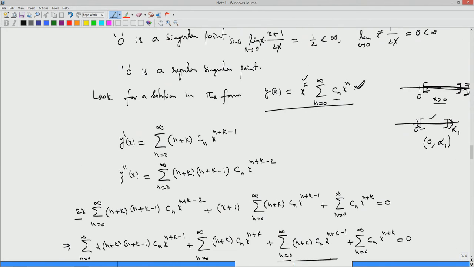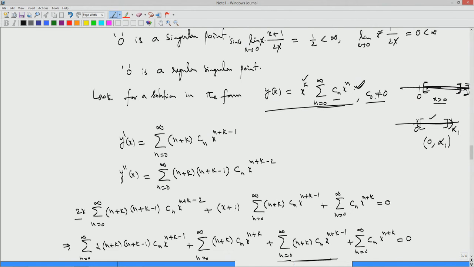I can take one x out, and anyway k is unknown. Once c_0 is 0, it will start from c_1 x plus c_2 x^2 and so on. So, you can take one x outside and write x^(k+1) with the power series now starting from n equal to 0 to infinity, c_1 plus c_2 x plus c_3 x^2 and so on. That is the same power series.